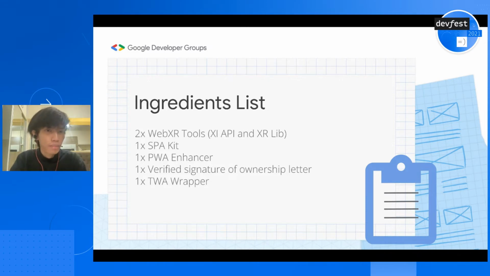The third is a PWA enhancer. I'm trying to add some words that might describe things so that we can understand more easily. The fourth one is a verified signature of ownership letter. What is this all about? You will understand that later. And the last one is a TWA wrapper. Why a wrapper? Because TWA is a wrapper for all the solutions that we built for the XR.